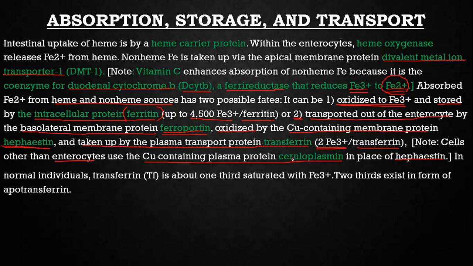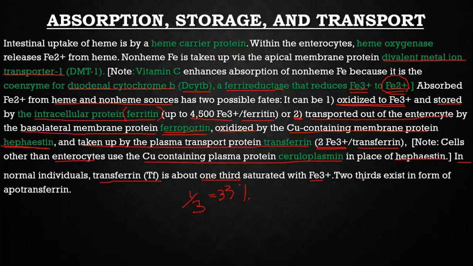They have ceruloplasmin. Now, in normal individuals, transferrin is about 1/3 saturated with iron. So only a third is saturated. That is about 33%. Only 33% is saturated with iron.